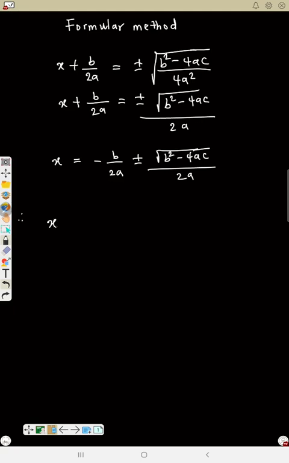So x, the LCM here is 2a. So I'll have minus b plus or minus square root of b squared minus 4ac, everything over 2a.